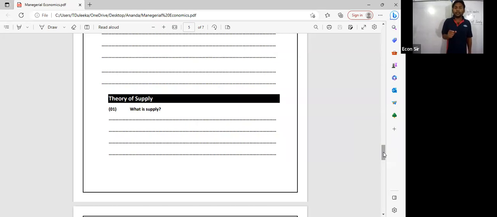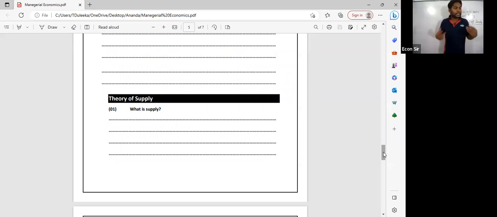Supply is not equal to, or tally with, the amount sold. So the amount supplied does not tally with the quantity sold. Supply is the amount that they are willing to sell.